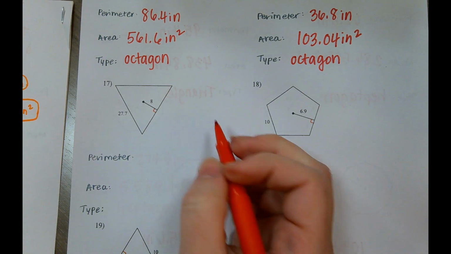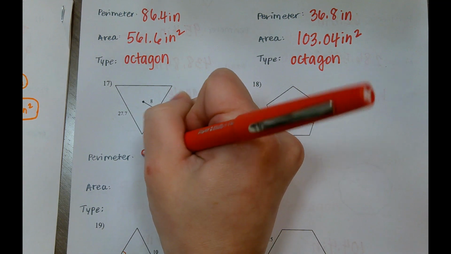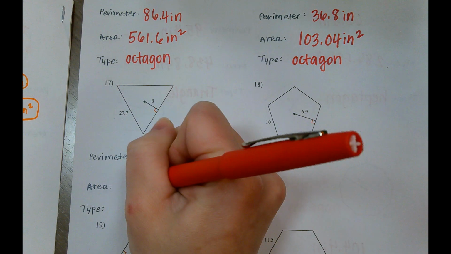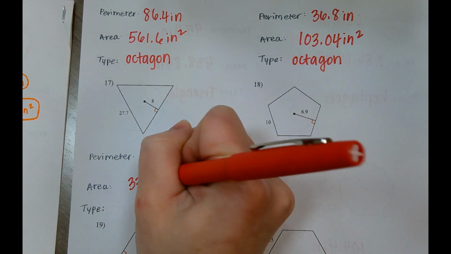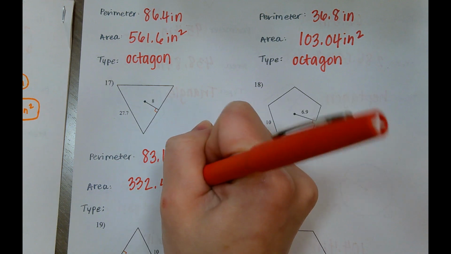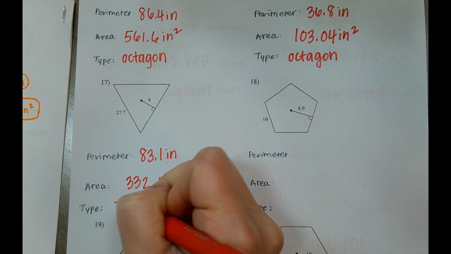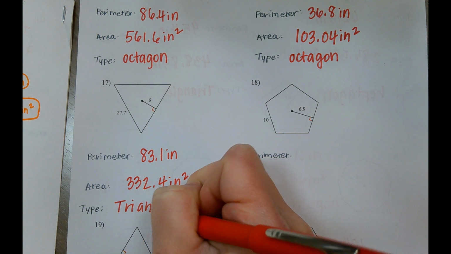Number 17, perimeter is 83.1 units. Area is 332.4 units squared. 3 sides. Is a triangle.